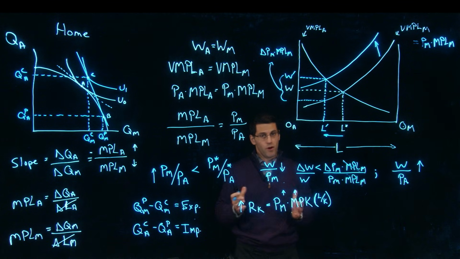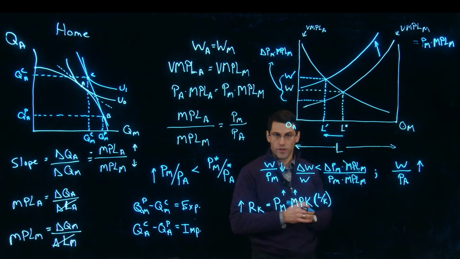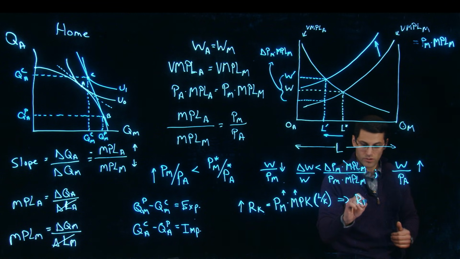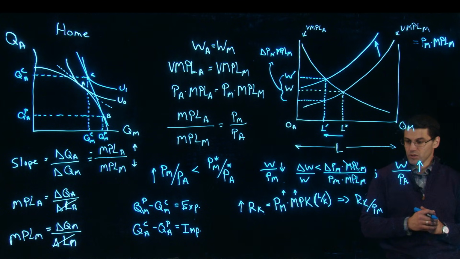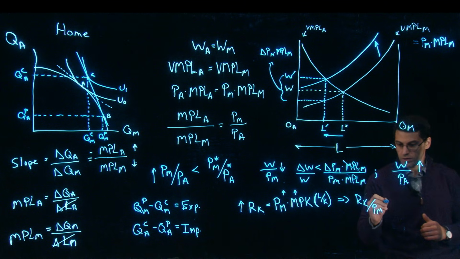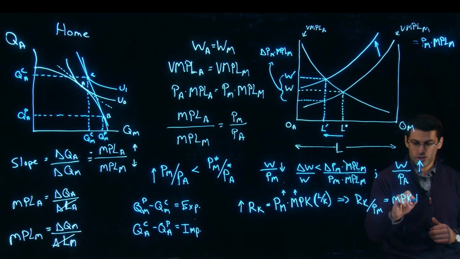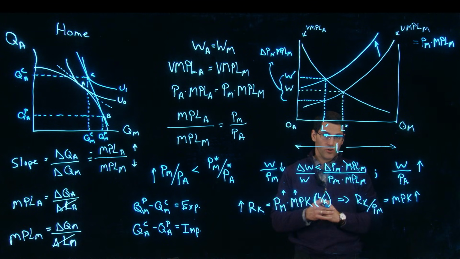Now, of course, we care about the real returns to capital. Really, what we care about is the ratio of RK over PM. Well, we could just take this equation and rewrite it this way. RK over PM is equal simply to the marginal product of capital, which, as we just said, increased, which means that the rental rate on capital, in real terms, in terms of purchasing power in manufactured goods, has gone up.